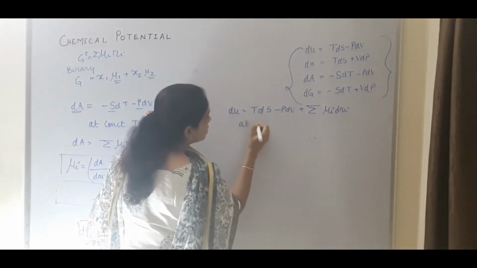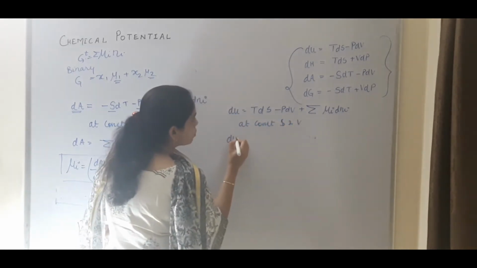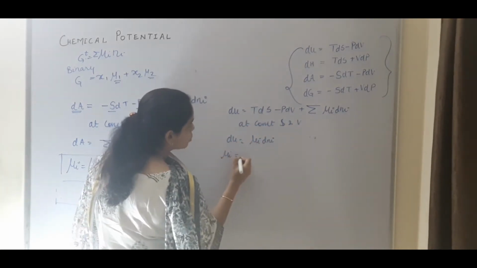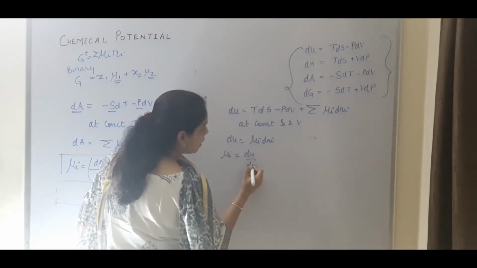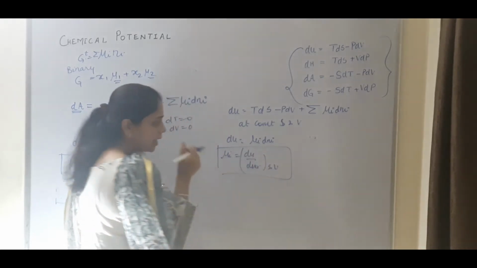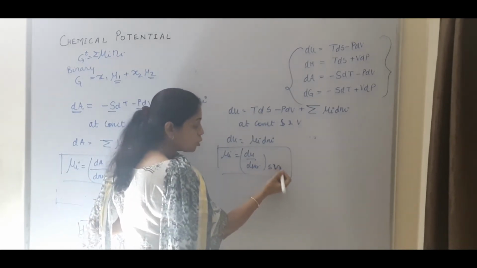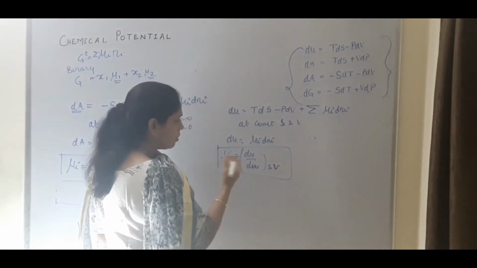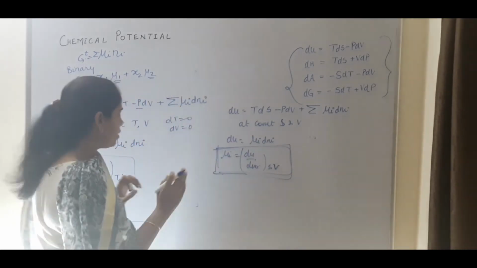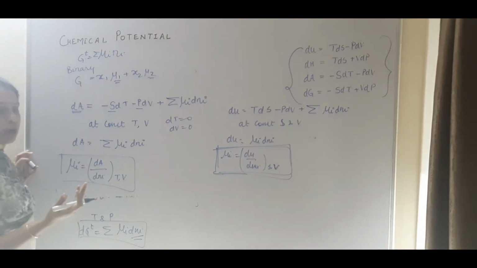So at constant entropy and volume, dU equals mu i dn i, so mu i equals dU upon dn i at constant entropy and volume. For any system it is very difficult to keep entropy and volume constant together, so we do not use this relationship very often. We use the relations with respect to Gibbs free energy and Helmholtz energy.